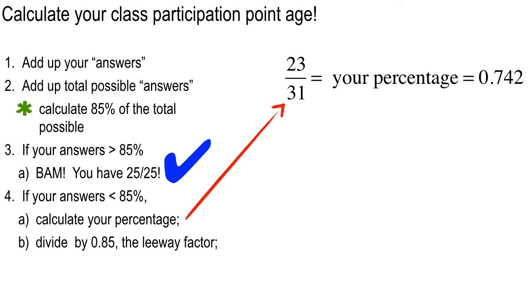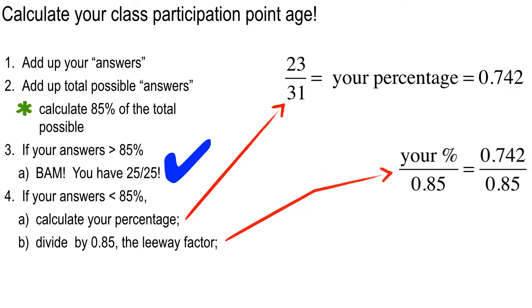Okay? Divide that by 0.85, the leeway factor. All right? So you take your percentage and divide by 0.85. And in this case, in this example, 0.742 divided by 0.85. All right?